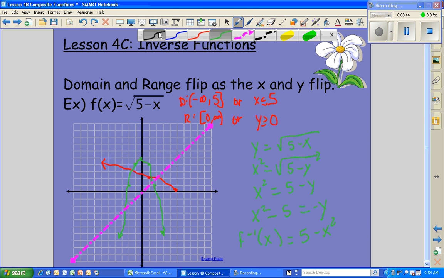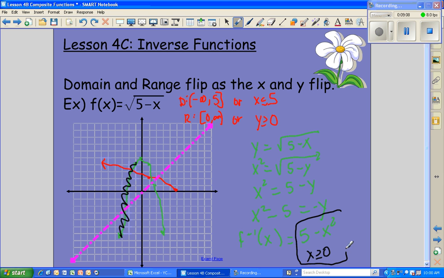So in all honesty, we do not want this here. That should not be part of our answer. Okay? So when you give an inverse, you need to say, well, the answer is 5 minus x squared, except you only want it when x is greater than or equal to 0.